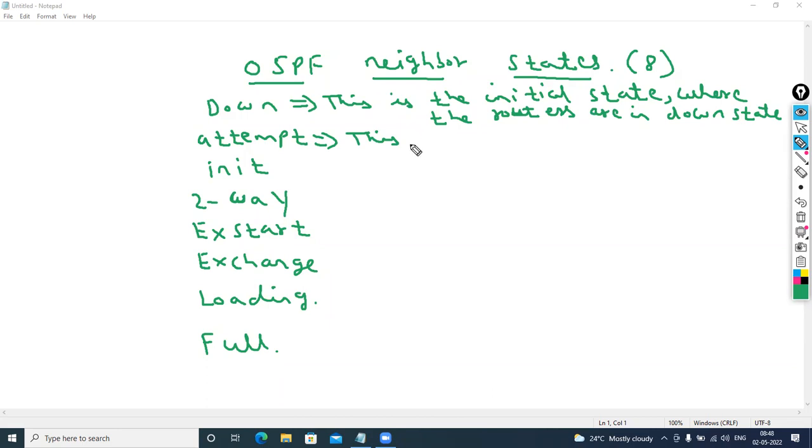Earlier we used to use it, but now we are not using frame relay, so this state is rarely seen.